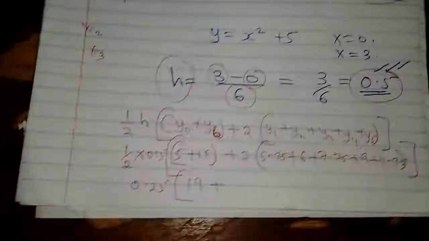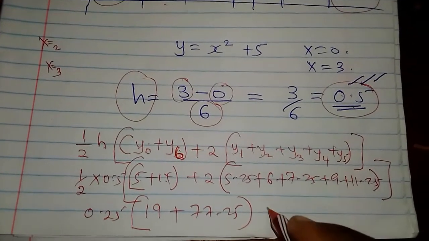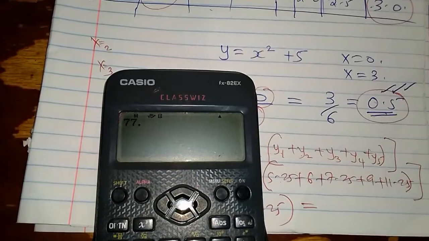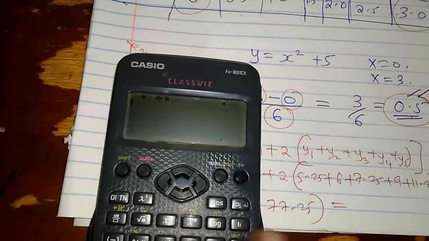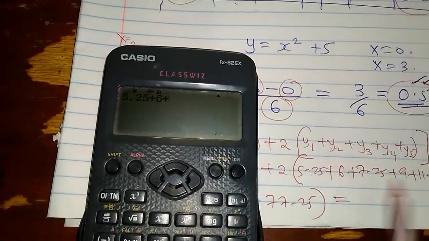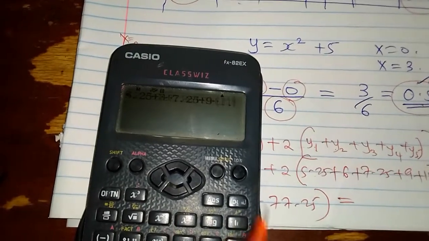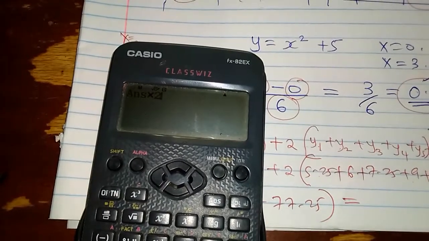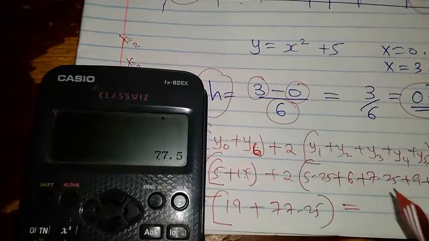Let me just confirm the answer. 5.25 plus 6 plus 7.25 plus 9 plus 11.25. That is 38.75. Then times 2, I'll get 77.5. So it's actually 77.5.